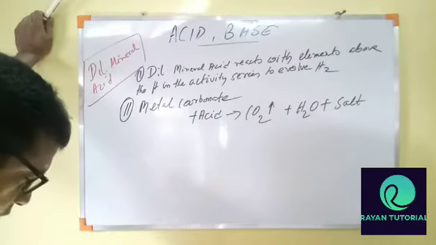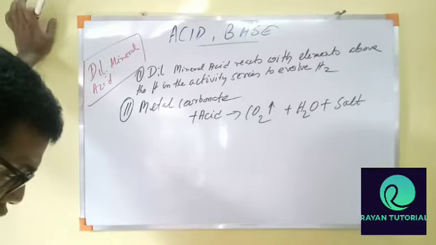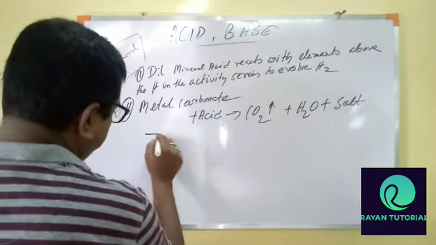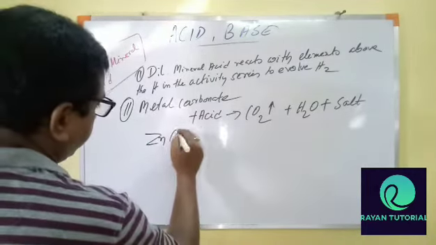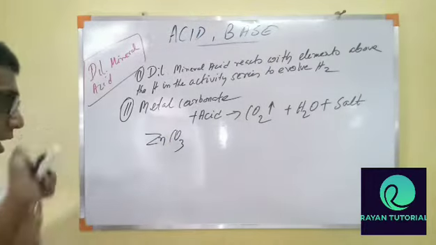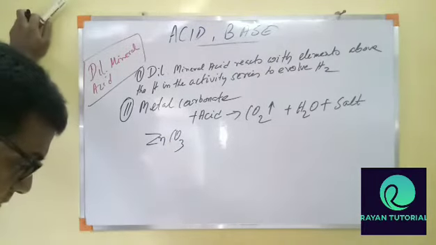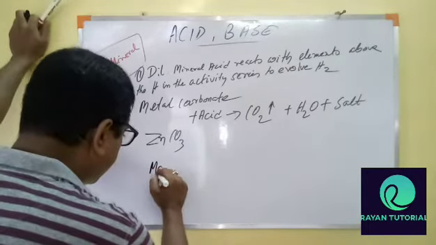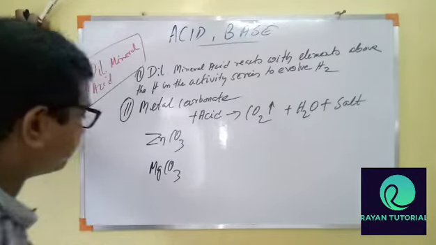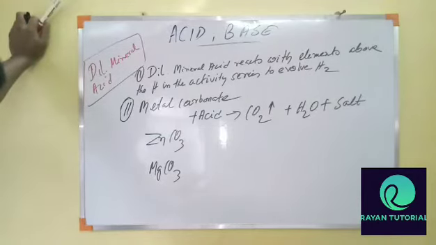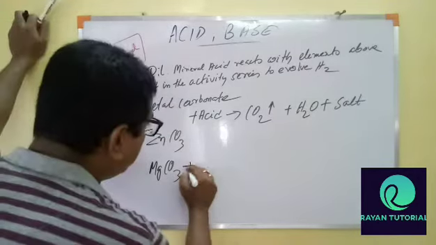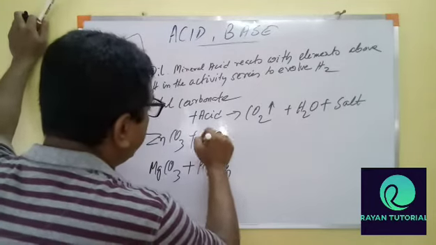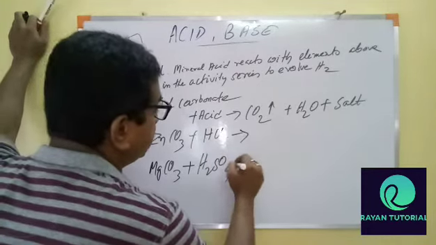Now take a metal carbonate, say zinc. Zinc is a metal, so carbonate means CO3, zinc carbonate. Or something else, let's say magnesium, MgCO3. Now acid, say H2SO4, or let me take HCl.